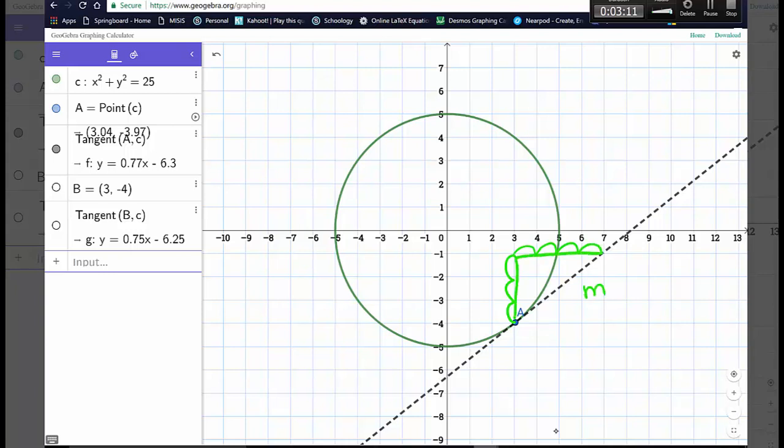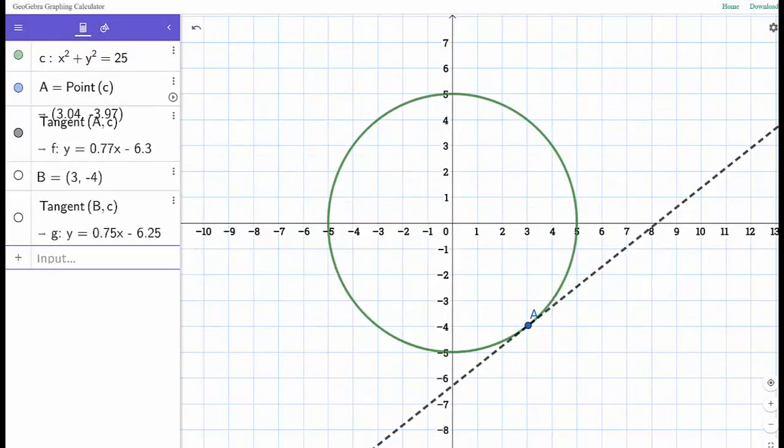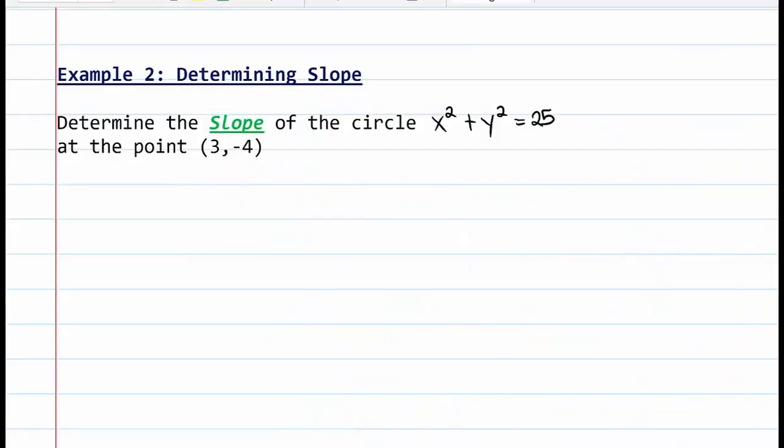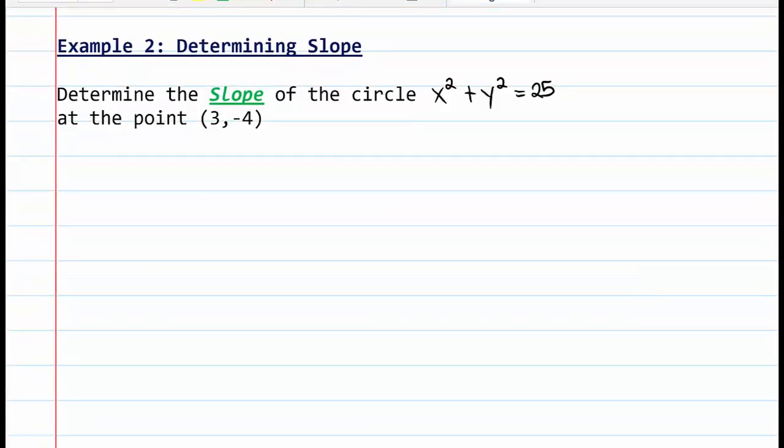That's how you graphically would determine the slope, but without a graphing software that's kind of tricky to do. Not impossible, but tricky. So what we're going to do then is we're going to use our knowledge of calculus. So I'm going to break this down into, I think, 3 steps.